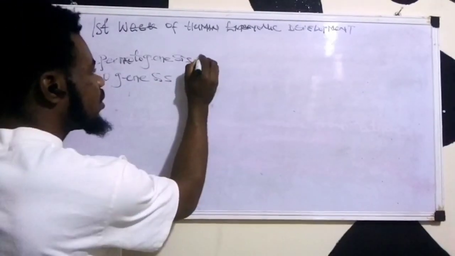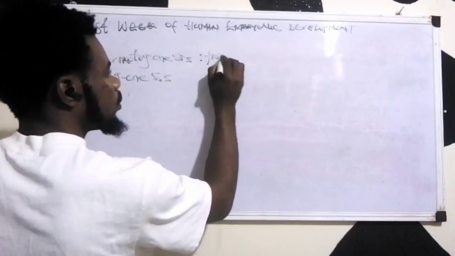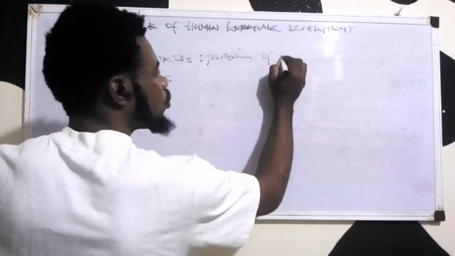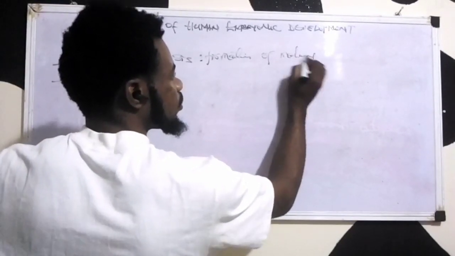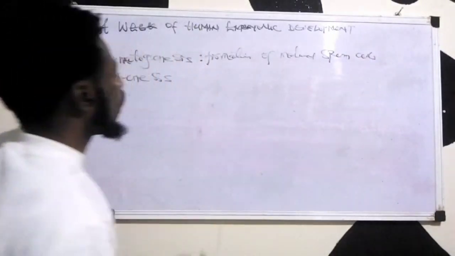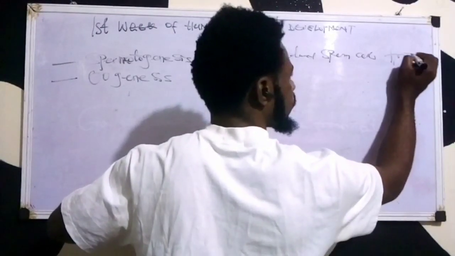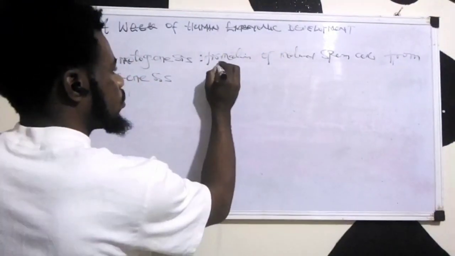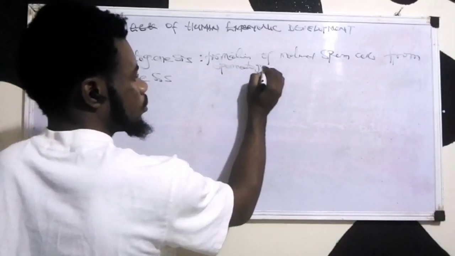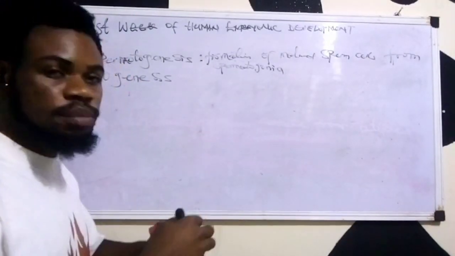Now, as the name implies, spermatogenesis is the formation of mature sperm cells from spermatogonia.